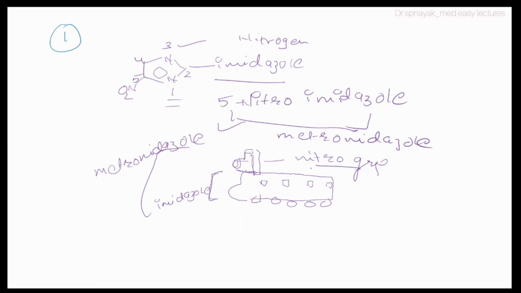Now, this nitro group is known as an electron gun. Why do we call it so? We'll name it an electron gun because when this gun, or this nitro group, is loaded with an electron, this metronidazole becomes activated.